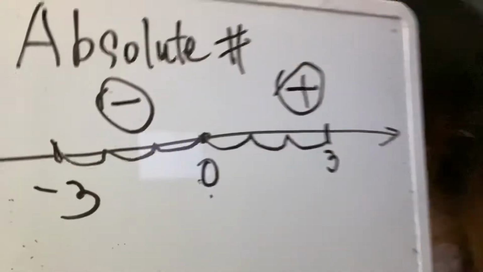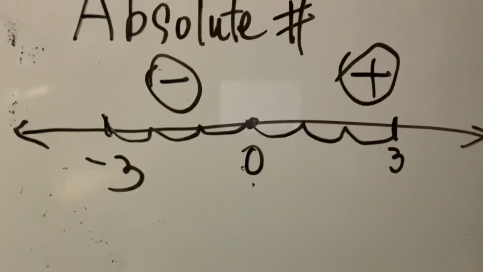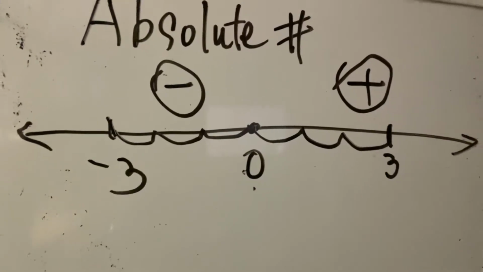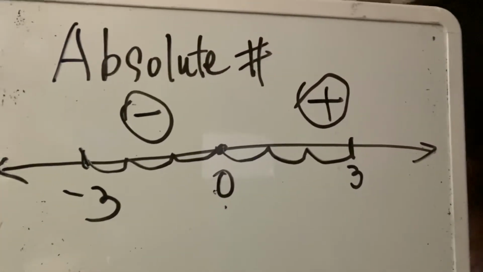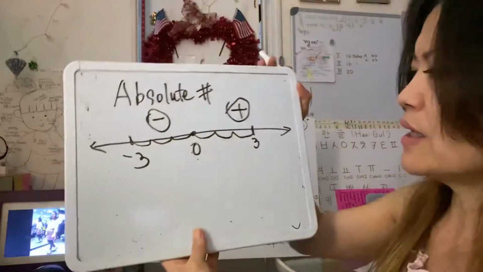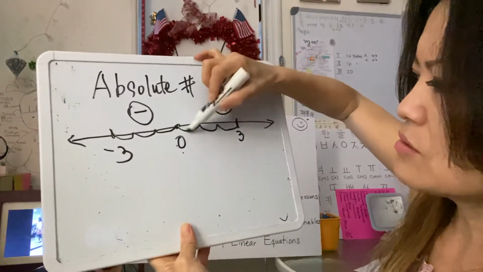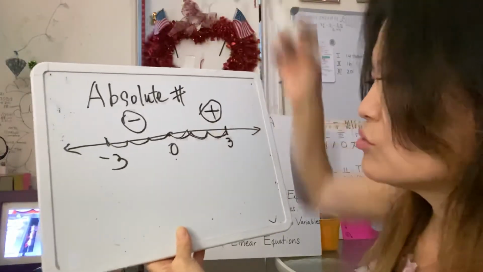So when you look at the units, is it the same or different? It's the same. That's why absolute value is the distance from 0 on a number line. Distance 1, 2, 3, so it's going to be 3. The other way, 1, 2, 3, also 3.